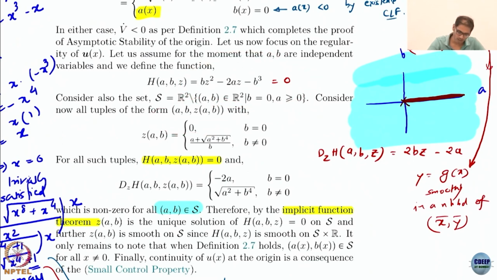Here Z(A, B) is defined as 0 when B is 0 and Z(A, B) is defined as this expression when B is non-zero. Exactly the universal formula for the scalar case.